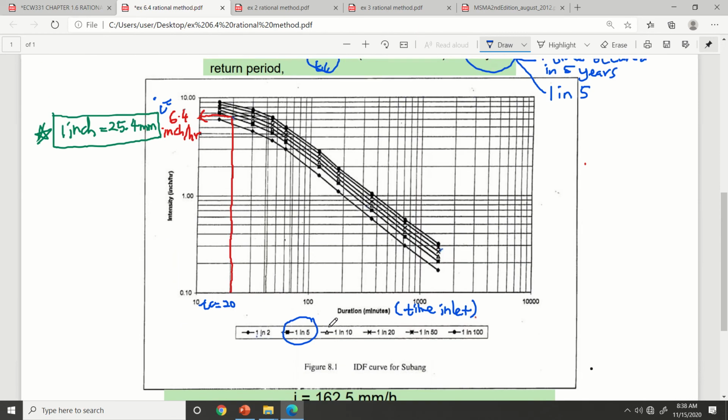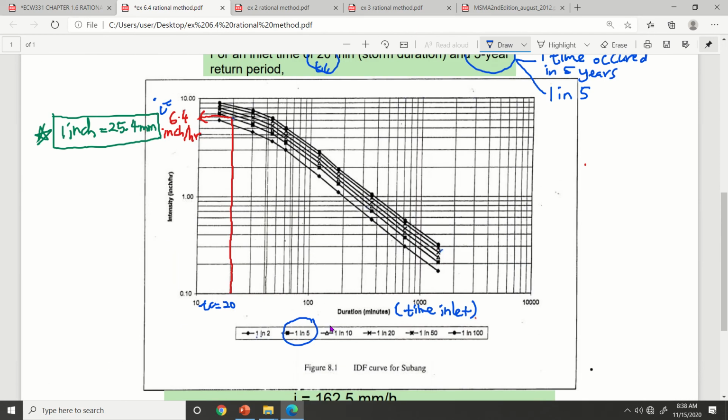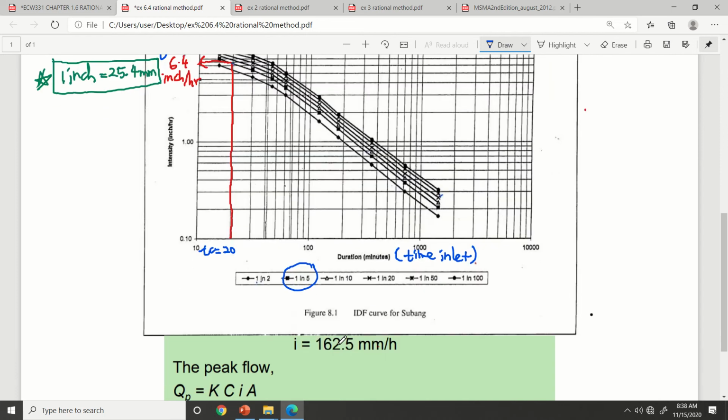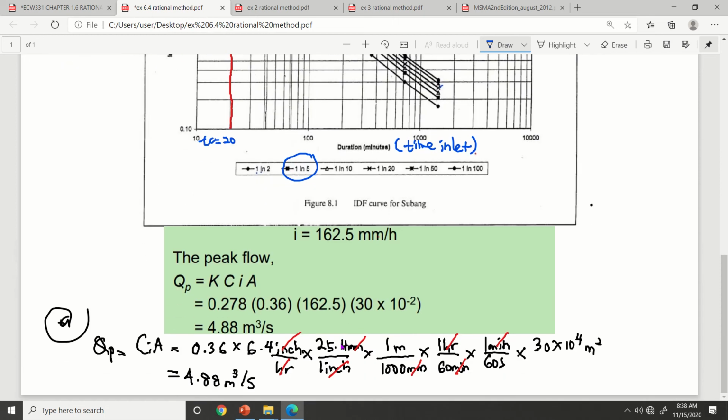So from this graph, when we convert into millimeter, you get I equal to 162.5 millimeter per hour. I don't want you to remember this 0.278, but I will use the normal conversion.